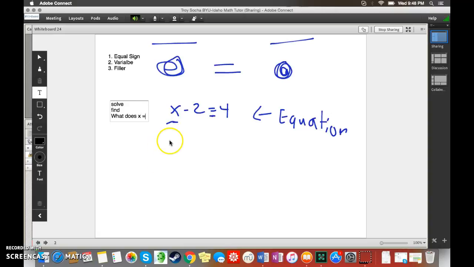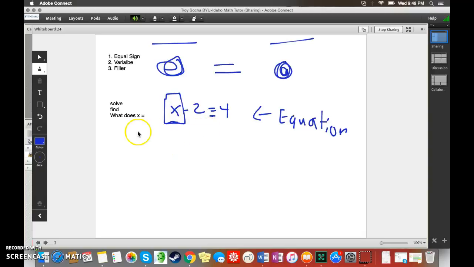You'll see things like that before the equation. They'll tell us to either solve, find x, or what does x equal. This is important because it tells us that we're looking for something to fill in for x to make this statement true.